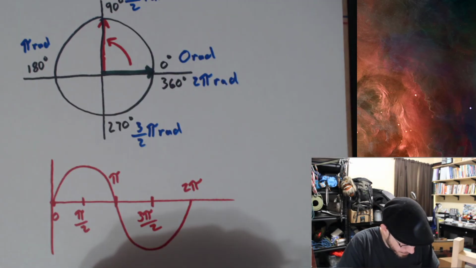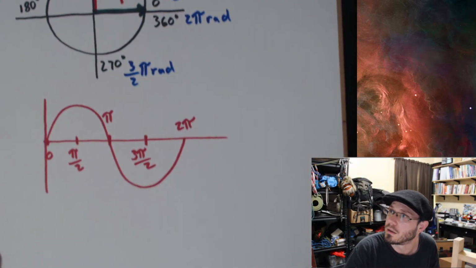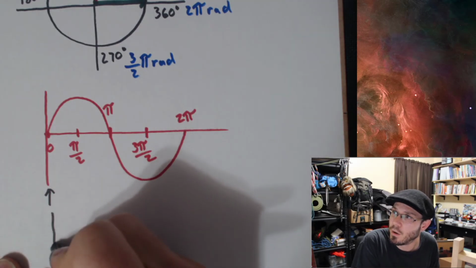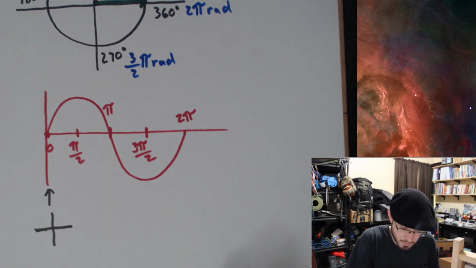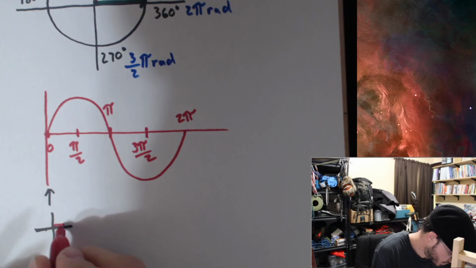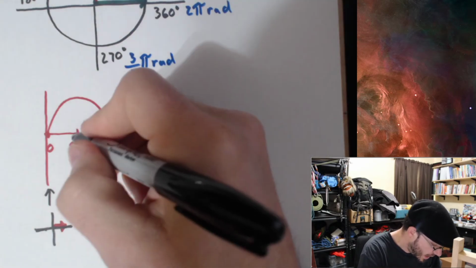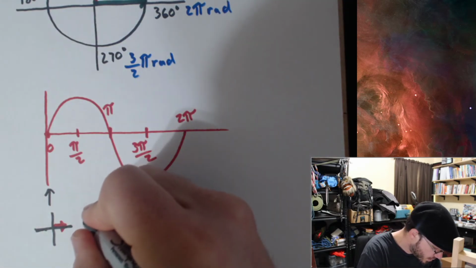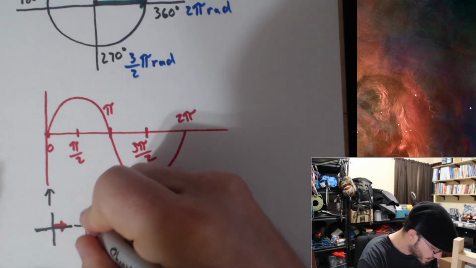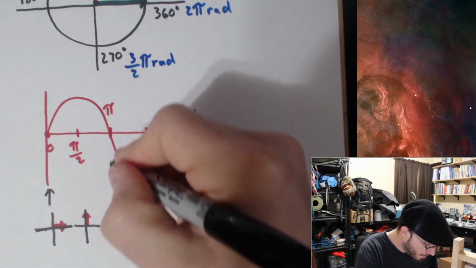Okay, so I can also put a couple of points here and say at 0, our vector is facing that way. At this peak over here, our vector is facing upward.